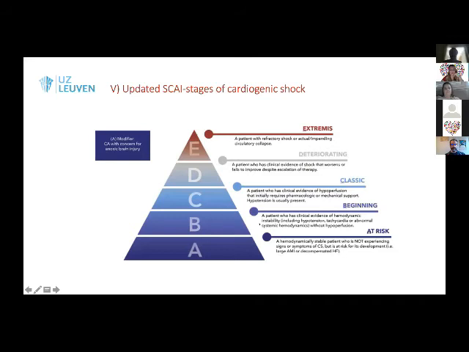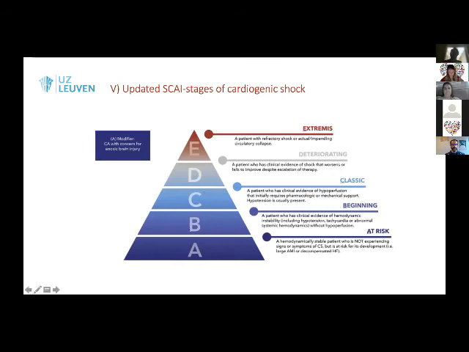So this is the updated pyramid that has been published only a couple of weeks ago, and it seems quite comparable, but as you can see, the colors now move in a gradient. That means that even within the same cardiogenic shock stage, whether it's C or D, we still have different groups or different presentations of severity of those patients.